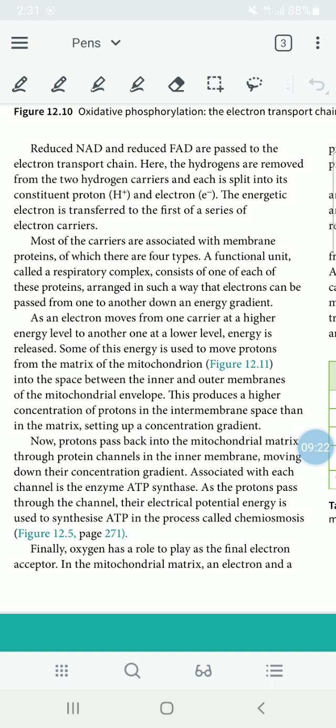Next point, due to this potential difference, protons in the intermembrane space move back into the matrix through protein channels in the inner membrane.